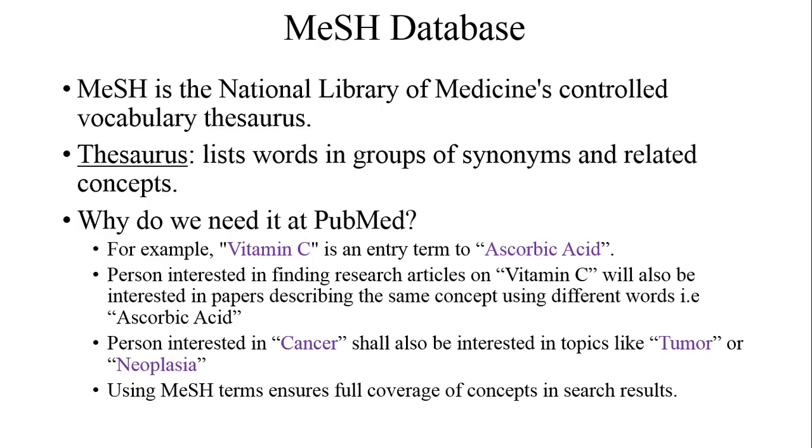Okay, so this is the main objective of having this MeSH database implemented in your PubMed. So using these MeSH terms would ensure full coverage of concepts in your search results.